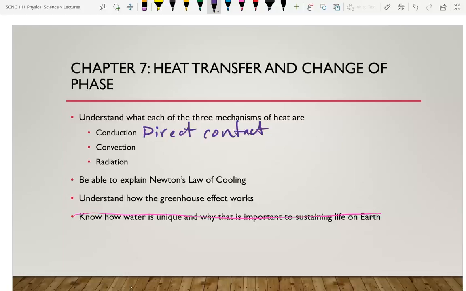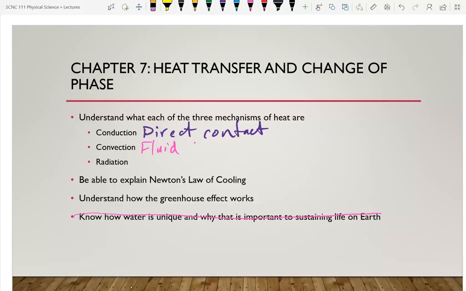Okay, so that was a fluid intermediary. I'm just going to put that word. Intermediary is not spelled that way, though. And then the last mechanism was radiation.